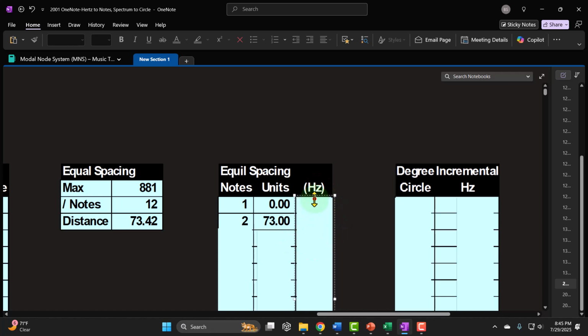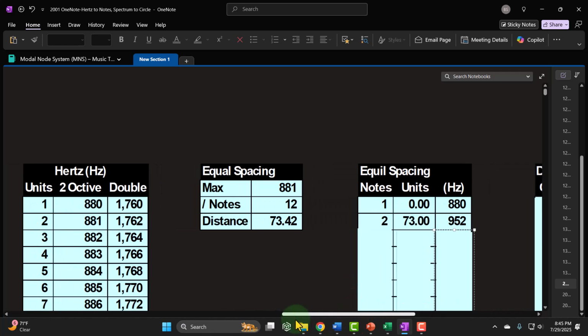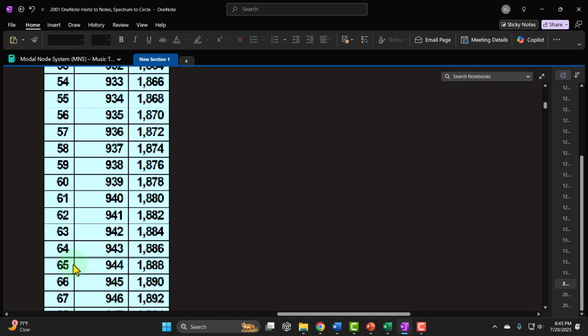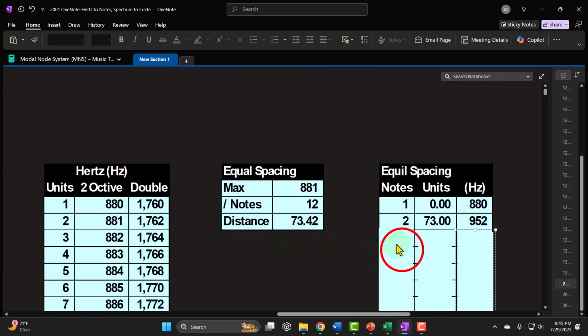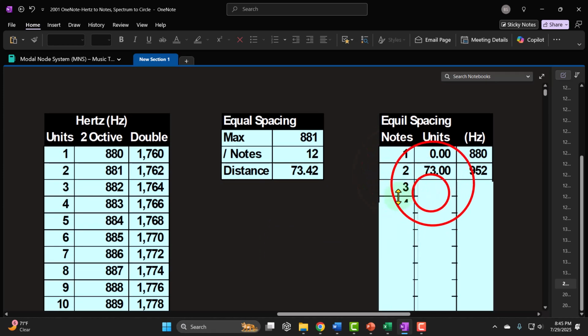So 73, and if I look up 73 over here, 73 units, that would give us 952 hertz. And then if I go up equal spacing again to the next one, it would be 73 plus another 73 about, which would be 146. And that would give us 1025 hertz, and so on.